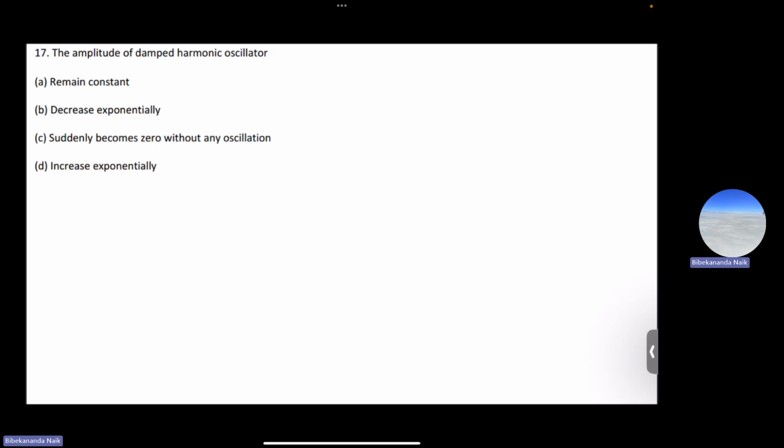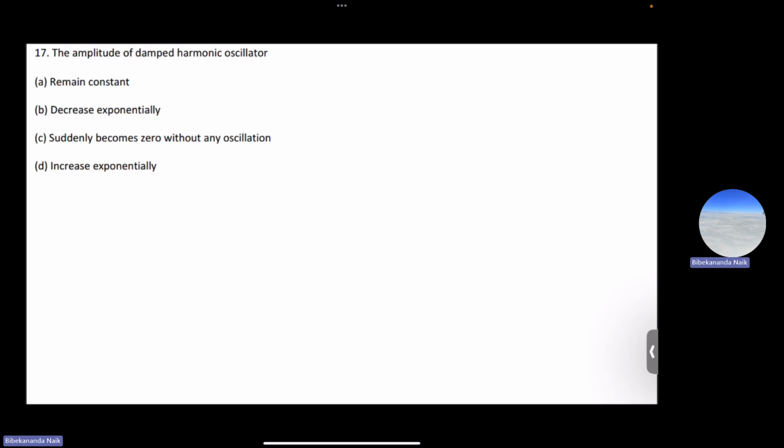Now question number 17. It says the amplitude of a damped harmonic oscillator: option A, remains constant; option B, decreases exponentially; option C, suddenly becomes zero without any oscillation; option D, increases exponentially. We know there are different types of oscillations: simple harmonic oscillation, forced oscillation, damped oscillation.